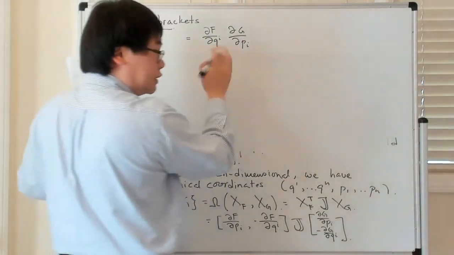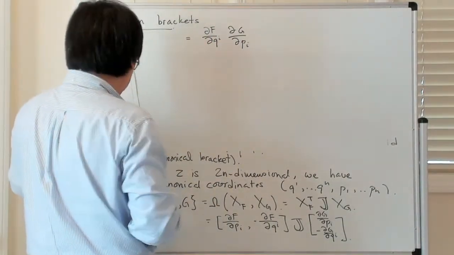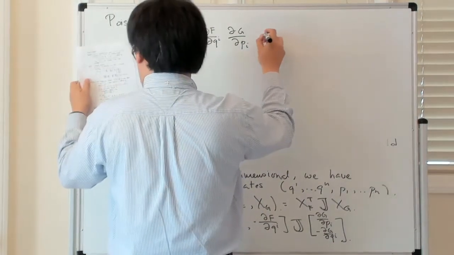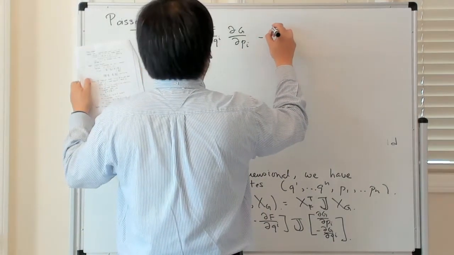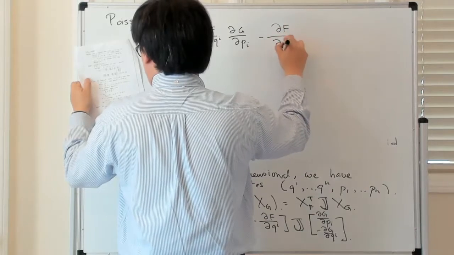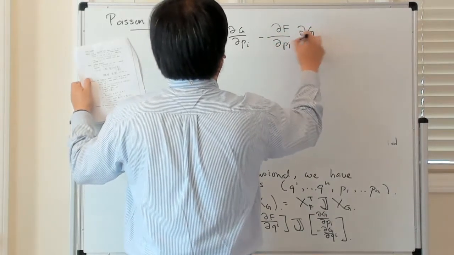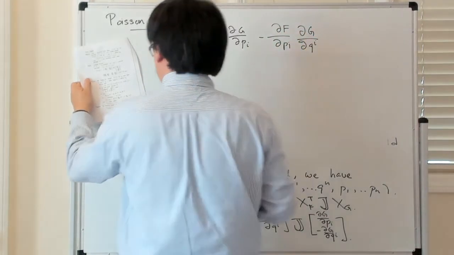This is again the Einstein summation convention. Minus ∂f/∂pi, ∂g/∂qi.